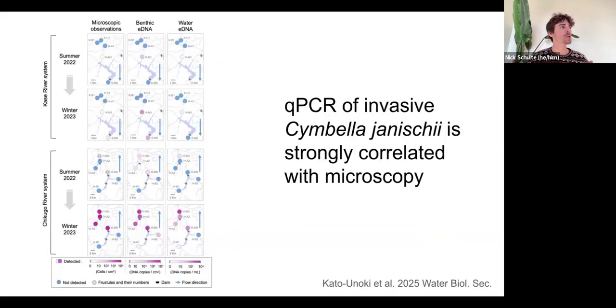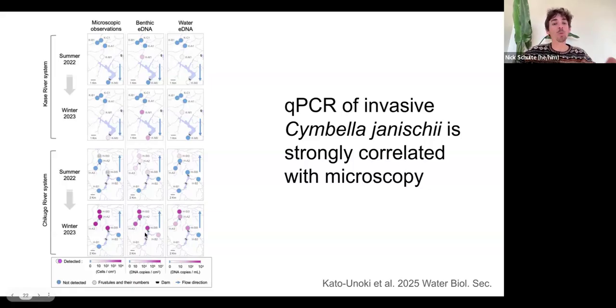It's not used too often, but a great example in diatom work is looking at Cymbella janischii, an invasive species in Chinese rivers, and found that microscopy, benthic qPCR, so rock scrapes, and water eDNA, all correlated very strongly with detections of this Cymbella. Basically, where microscopy found it, you also found it using qPCR.